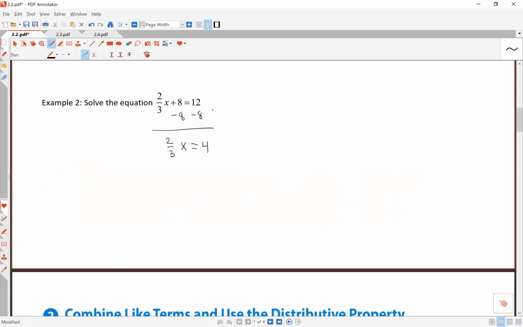Now, what I just said two examples ago is if you're multiplying by 2/3, you can divide by 2/3. That cancels that, and you have x equals 4 divided by 2/3. But what we're really doing in the end is multiplying 4 by 3/2, which gives you 2 goes into 2 once and into 4 twice, which gives us 6.